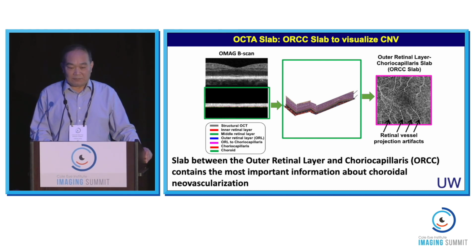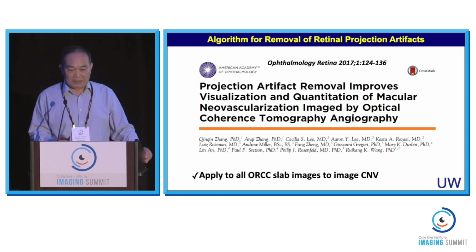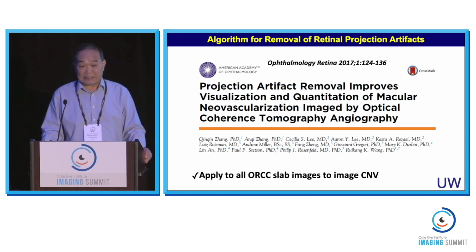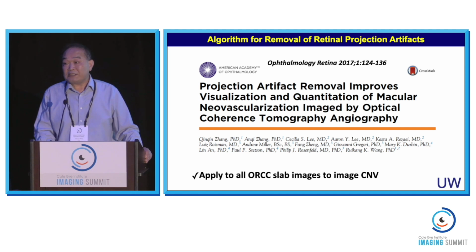This slab gives you the best information about the CNV. If you have the segmentation software, this is the slab to tease out the CNV information. So this is the projection slab of the ORCC slab, so-called ORCC slab, outer retina to choroid capillaries. In this slab, you will see enormous projection artifacts.